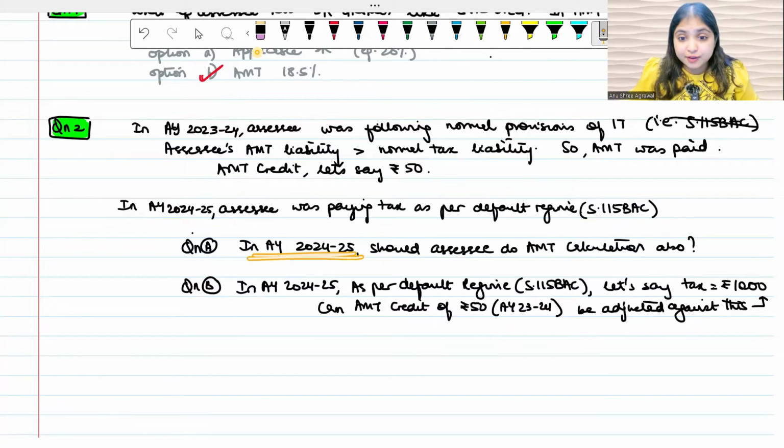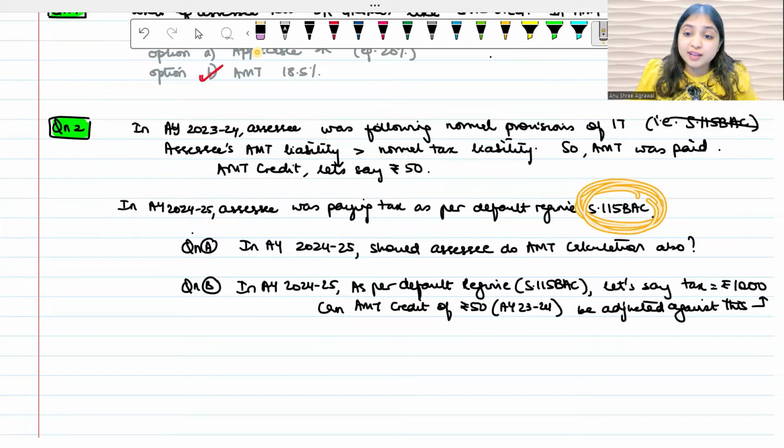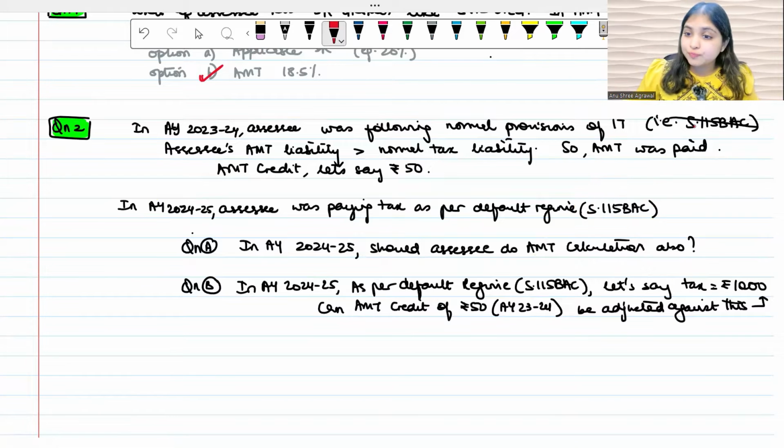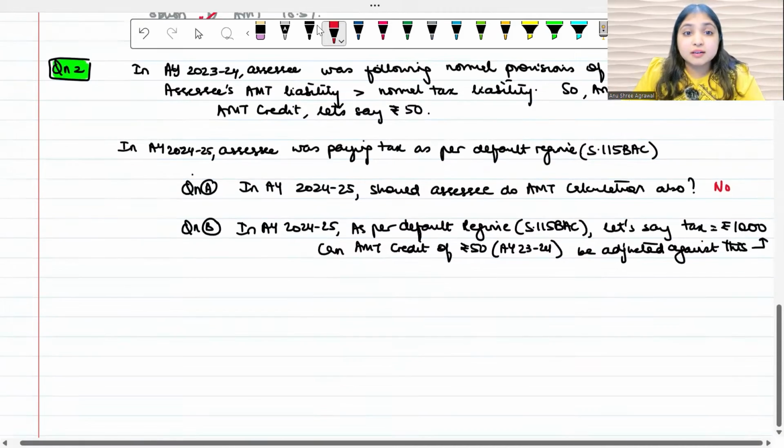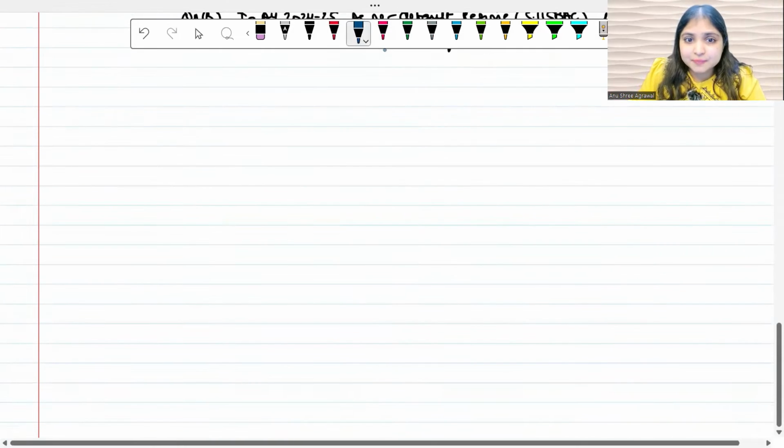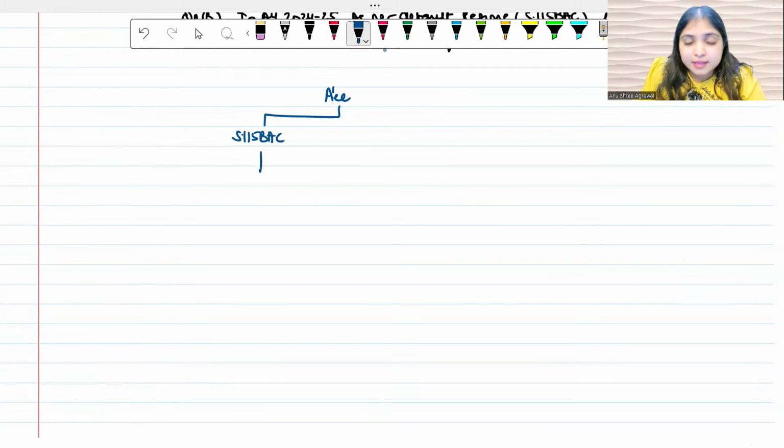In 24-25, should assessee do AMT calculation first of all? In 24-25, assessee is following 115 BAC. Under 115 BAC, should the assessee do AMT calculation? No. In simple words, the chart would be something like this. If your assessee is following 115 BAC, then in that case, AMT will not be applicable for the assessee.